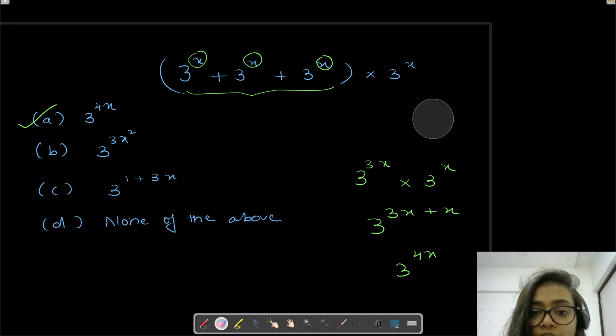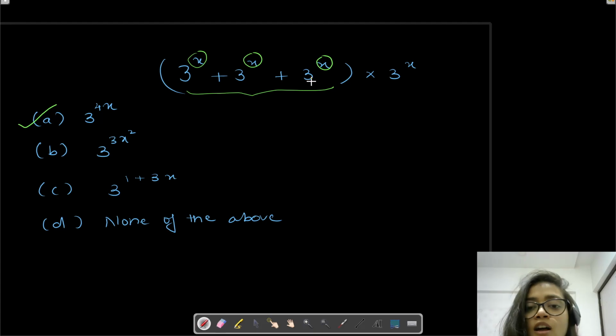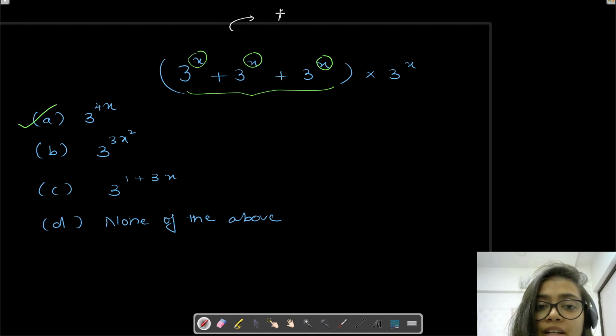So what do we do over here? First thing, you see that this 3 raised to x, 3 raised to x, 3 raised to x is the same thing, right? So the same thing is getting added 3 times. This is the case of repeated addition.